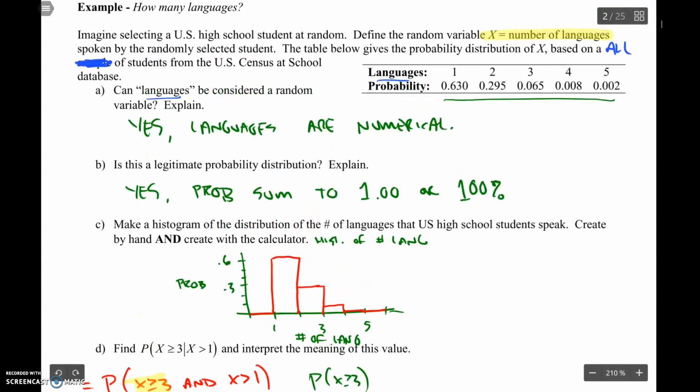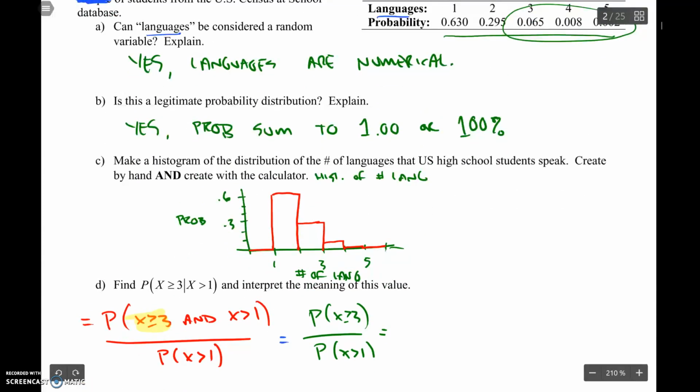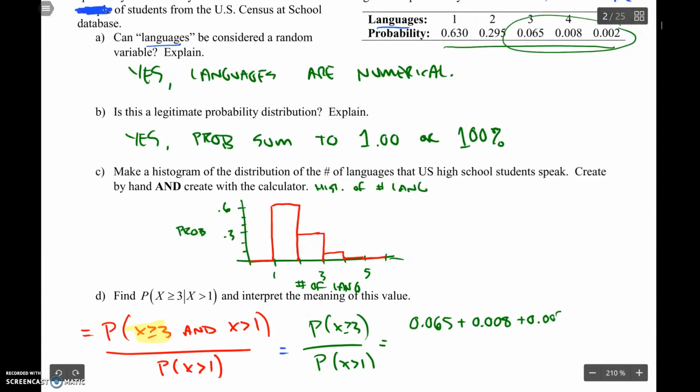So greater than or equal to 3, that would be these added together. 0.065, 0.08, 0.008, 0.002. And I could break this down. We could talk about this: x greater than or equal to 3 is the probability that x equals 3 or 4 or 5.